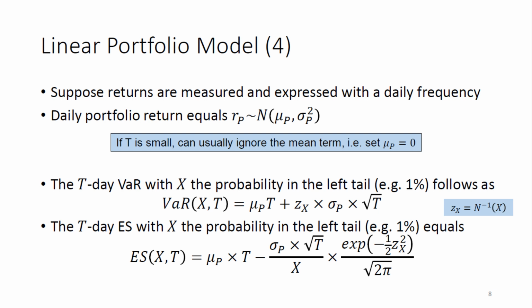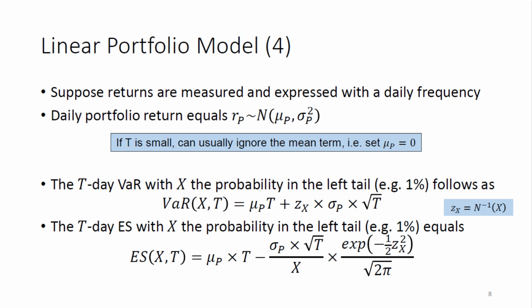So the value at risk is the mean effect, the mean of the portfolio times the time horizon, plus the critical value of the standard normal distribution function, evaluated at this low probability level in the left tail, so at 1%, for example, times the standard deviation of the portfolio return, and times the square root of the time horizon that we look at.